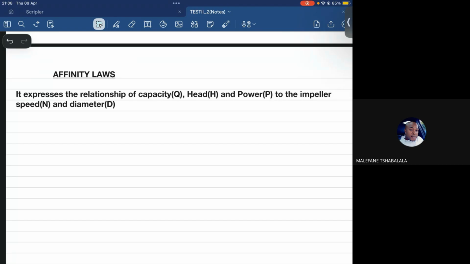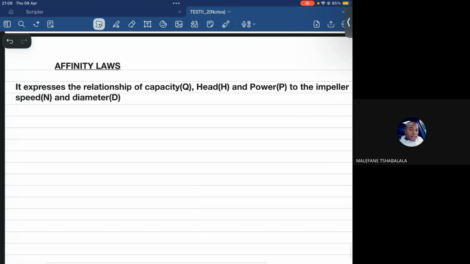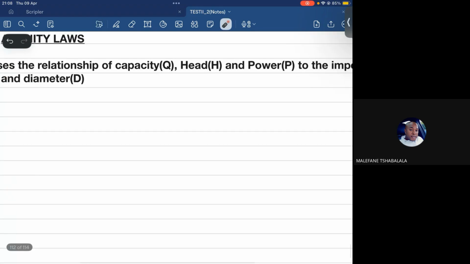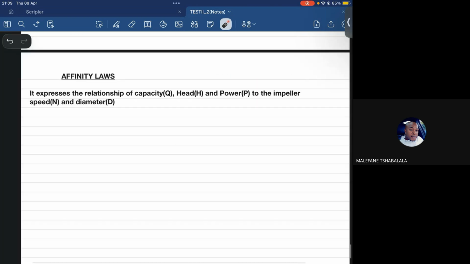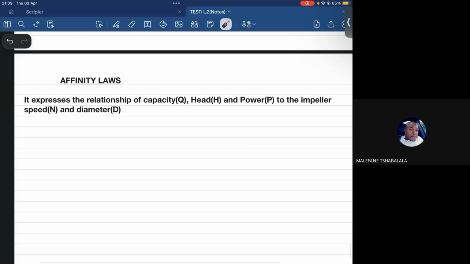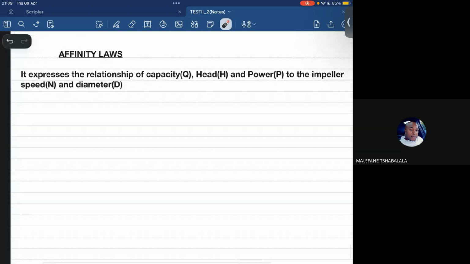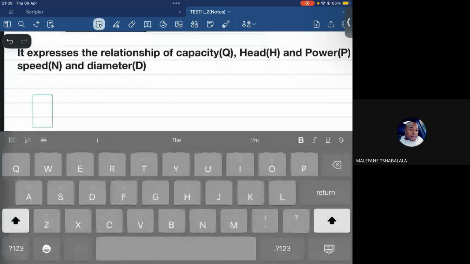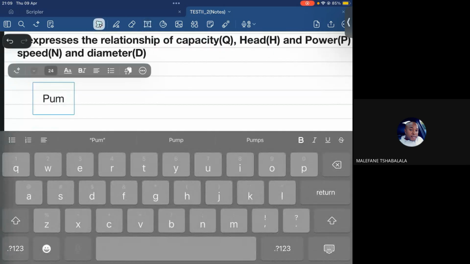So under these affinity laws, we've got these formulas. But before I start with the formulas, capacity, the head, and the power are what we call the characteristics of the pump. Let me add them here.